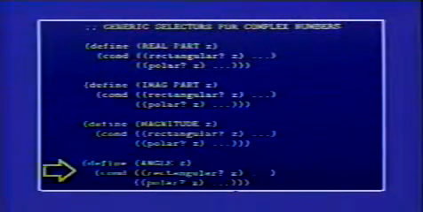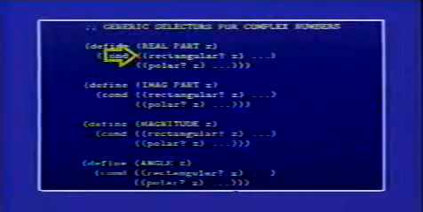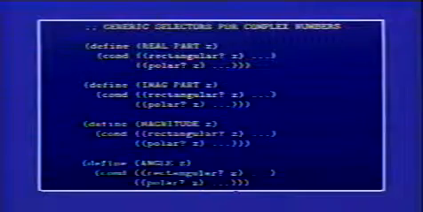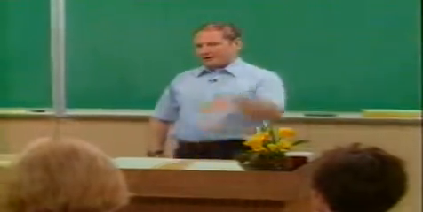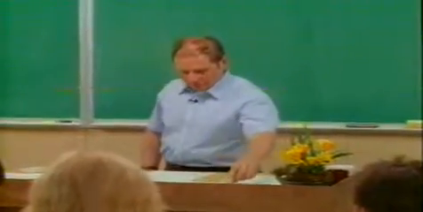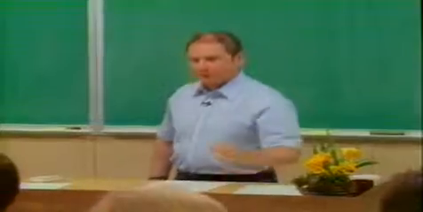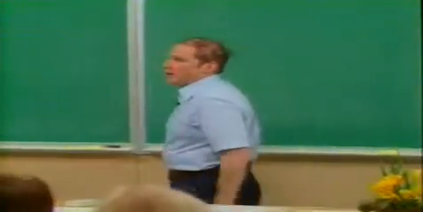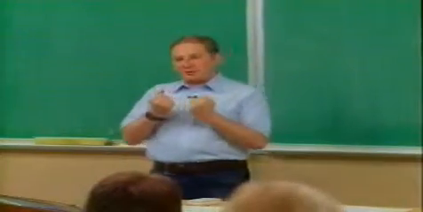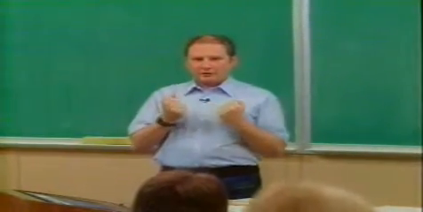The manager comes through and had these operations. There was a test for rectangular and a test for polar. If Harry comes in with some new kind of complex number, and Harry has a new type, Harry type complex number, the manager has to go in and change all those procedures. So the inflexibility in the system, the place where work has to happen to accommodate change, is in the manager.